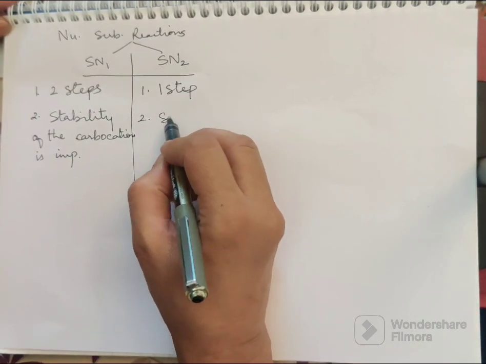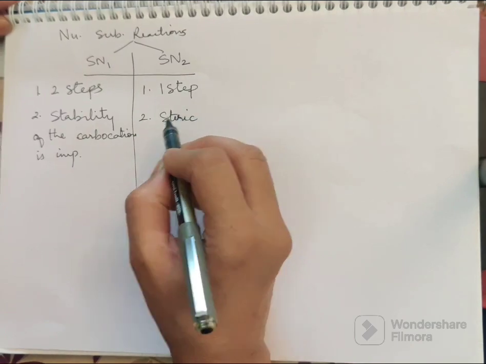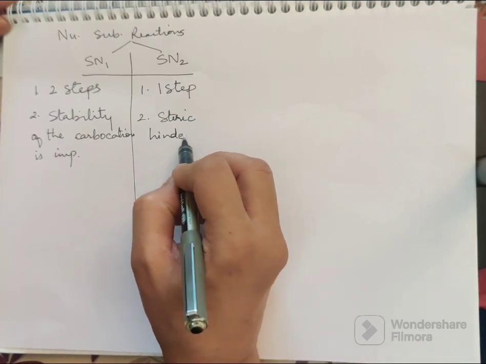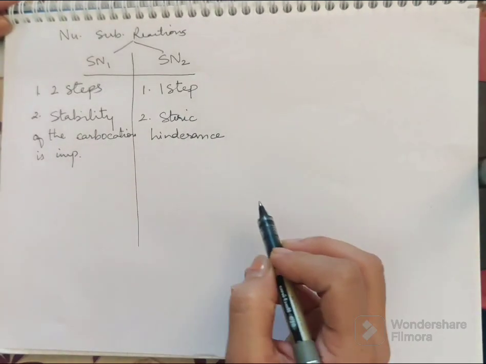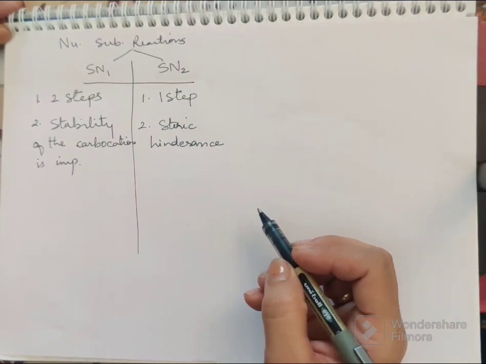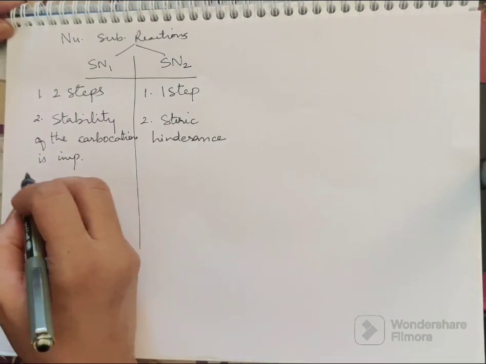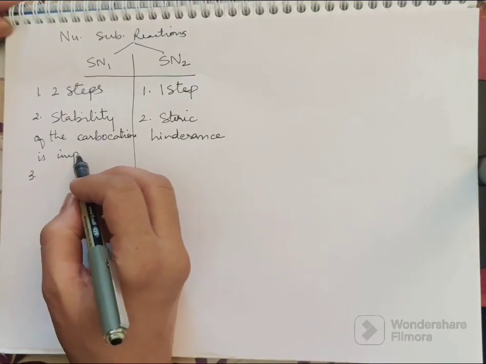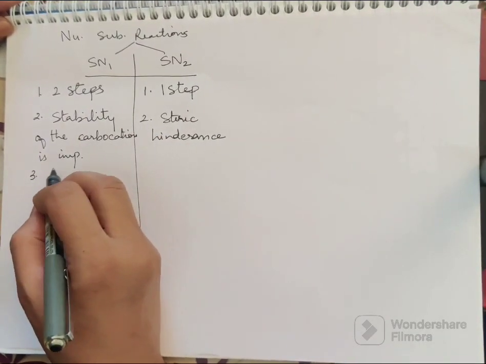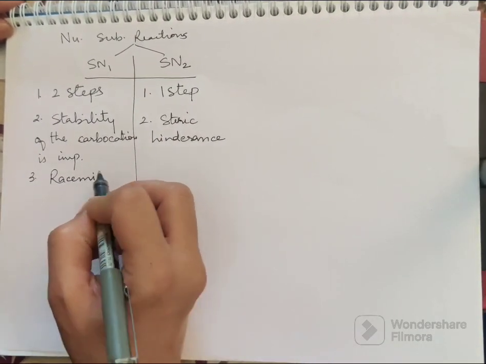In SN2, steric hindrance, that means the size factor, the repulsion because of the size of the groups attached, is very, very important. SN1 results in racemization.